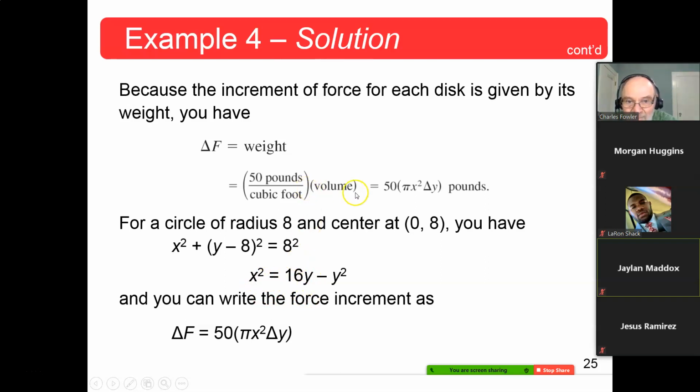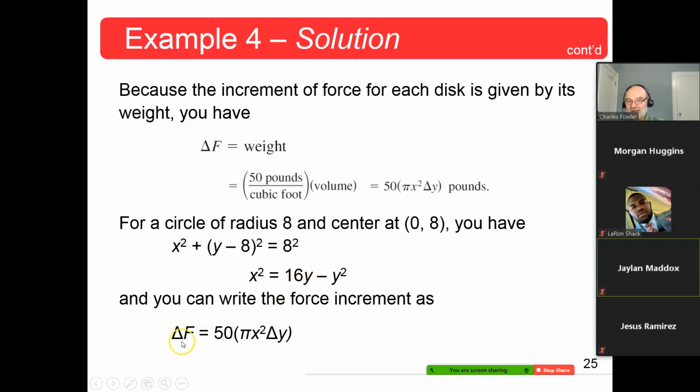Now up here we found out that the 50 is your density, pounds per cubic foot. I think these were in feet. Pi r squared is your area in square feet, times your thickness in feet. Instead of this x squared, they're putting the 16y minus y squared.